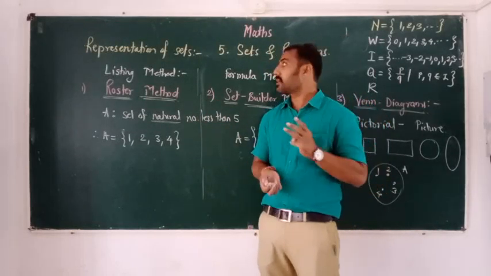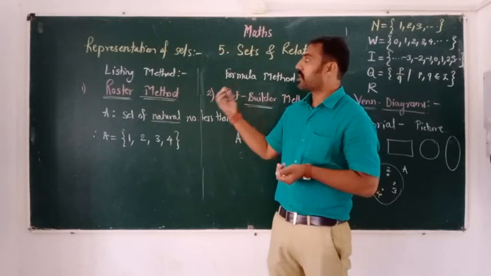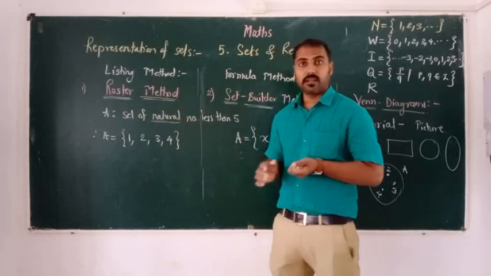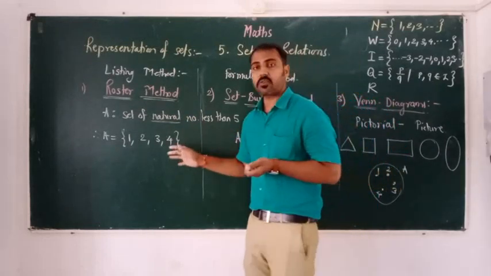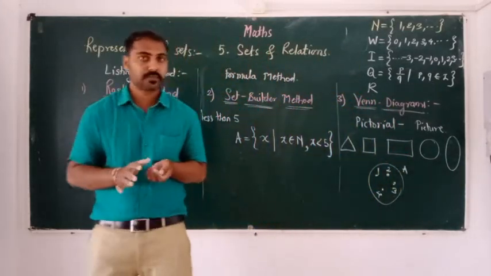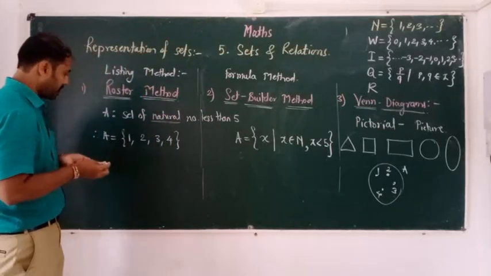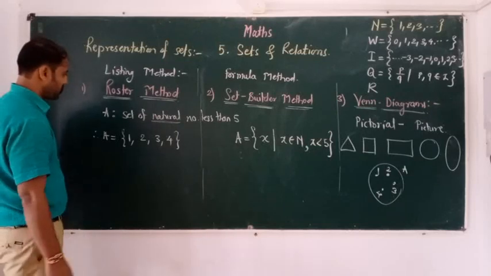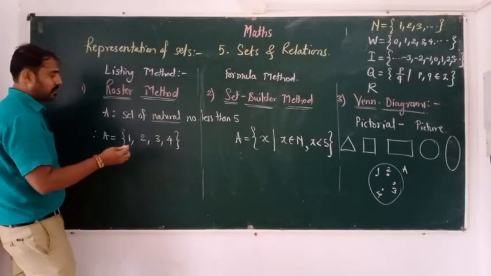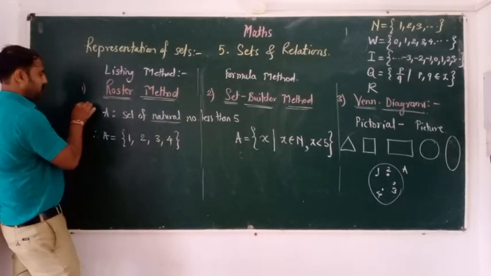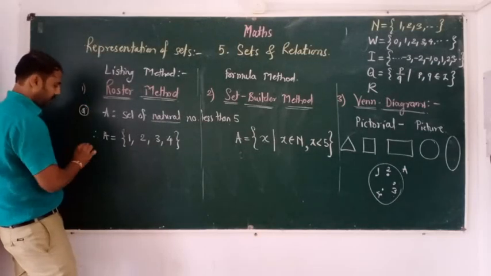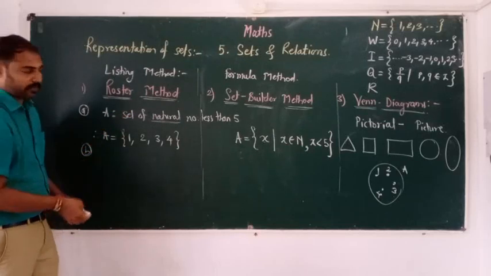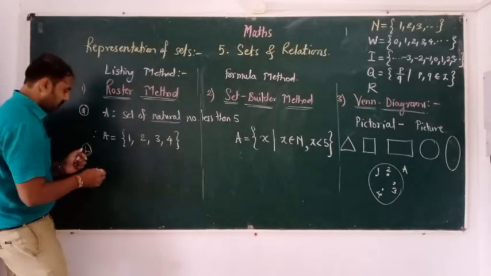Remember, there are 3 methods to represent a set. The first one is the roster method. In the roster method, we list all the elements. Here is one more example. This one is our first example, and I can represent the second example also in roster, set builder, and Venn diagram.